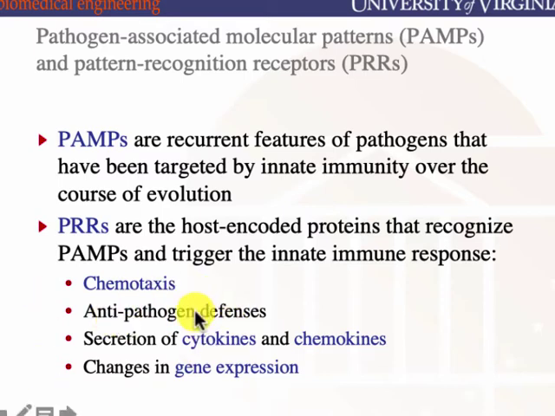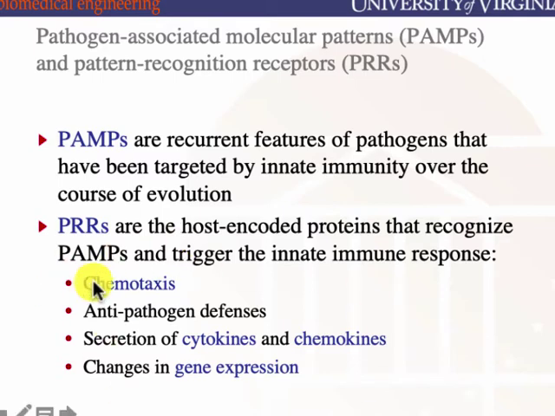There are anti-pathogen defenses that we'll talk a little bit about. The secretion of cytokines and chemokines, okay? And in this case, I'll make a slight distinction between these two. Cytokines are proteins that are secreted that are going to trigger additional immune responses. A chemokine is a specific type of cytokine that's specifically going to drive the migration of other immune cells.